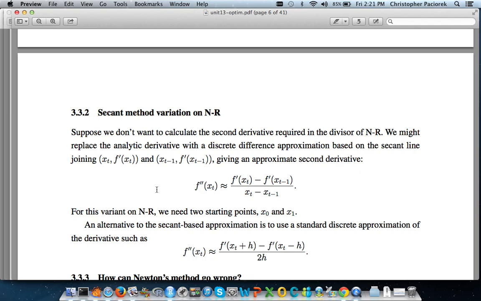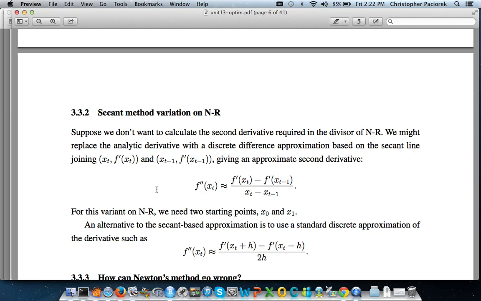But an approximation to this that wouldn't require us to evaluate f prime at xt plus h and at xt minus h would be just to take the values of the derivative that we've already calculated in the process of doing the optimization and say, roughly speaking, an estimate of the derivative is going to be f prime at xt minus 1, which I've already calculated, f prime at the current value of t, divided by the difference.